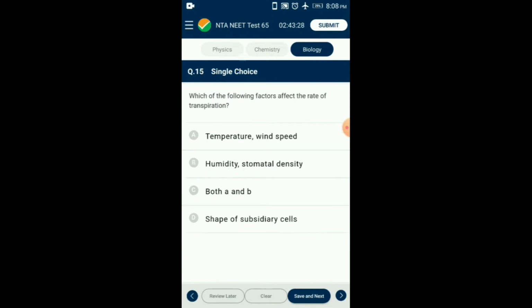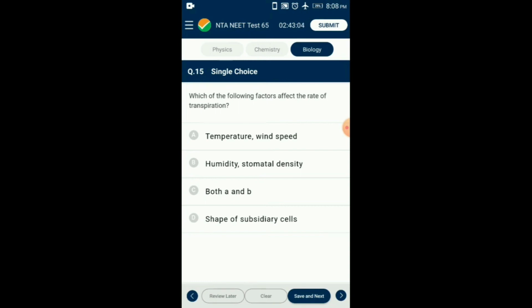Question number 15. Which of the following factors affect the rate of transpiration? The rate of transpiration increases with increase in temperature, but at very high temperature, transpiration decreases due to closure of stomata. Light promotes the opening of stomata, thus increases transpiration.